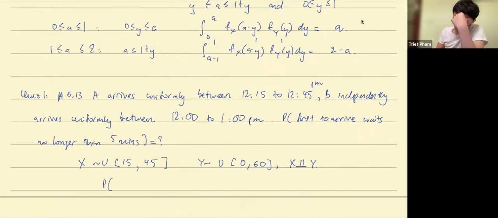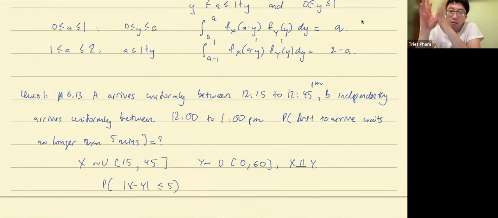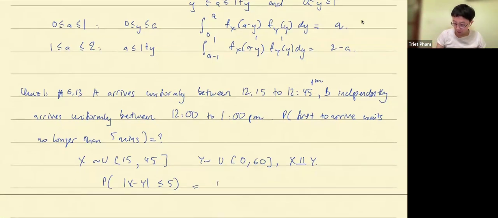Do you see that it's just really about the absolute value of X minus Y being less than or equal to 5? That's what I mean by translating the statement into a mathematical expression. Because then this will be something like Y minus 5 less than or equal to X less than or equal to Y plus 5.